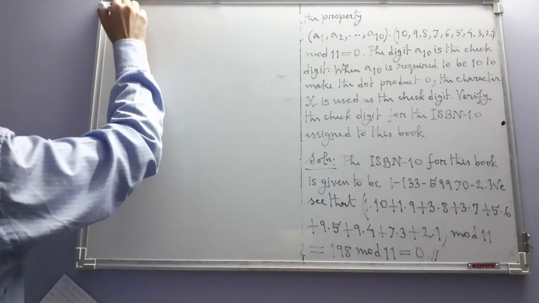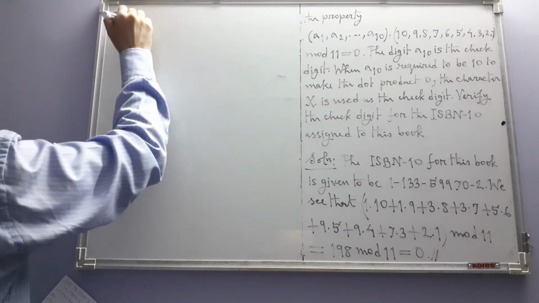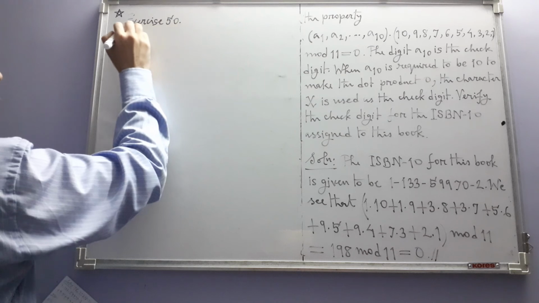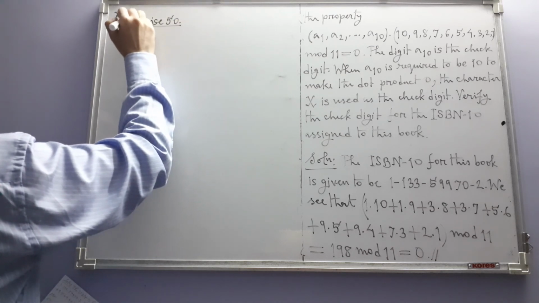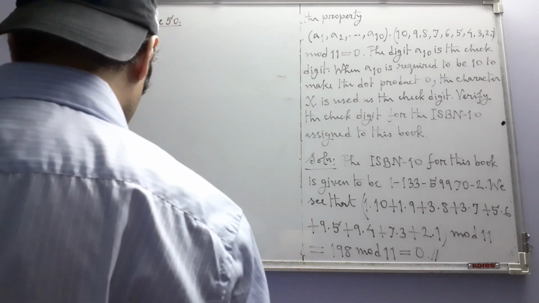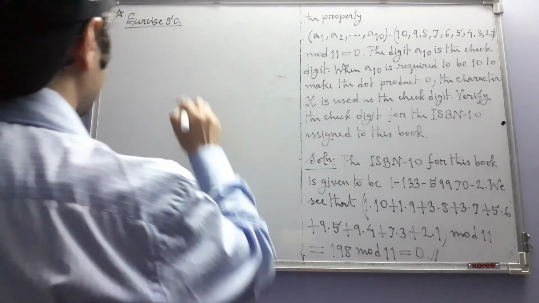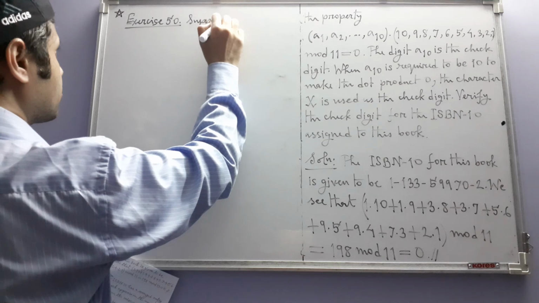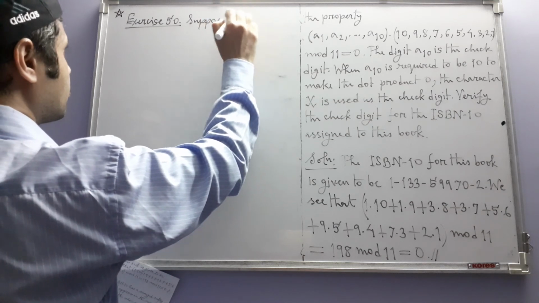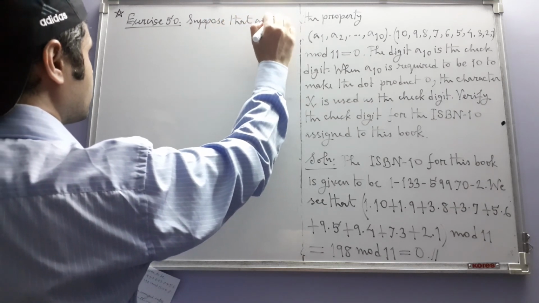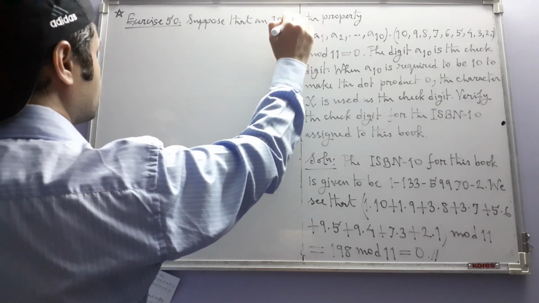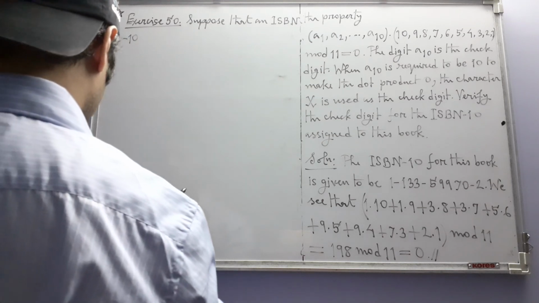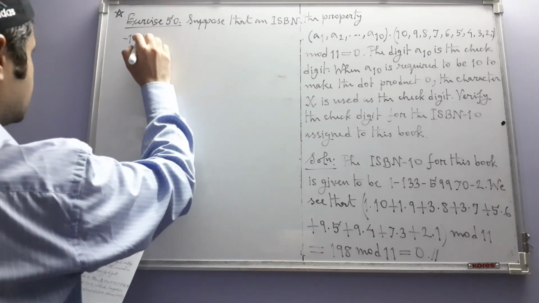And then exercise 50. Suppose that an ISBN 10 has a smudged entry.